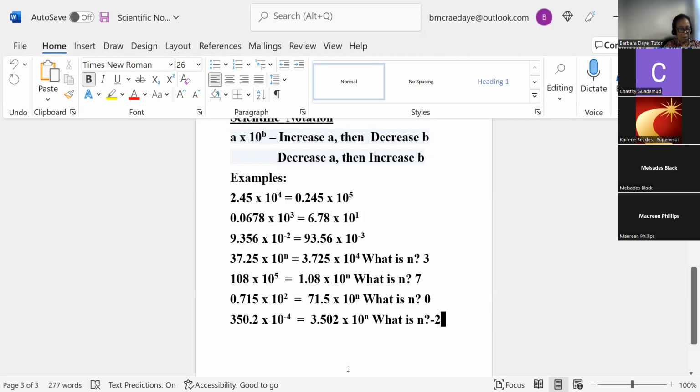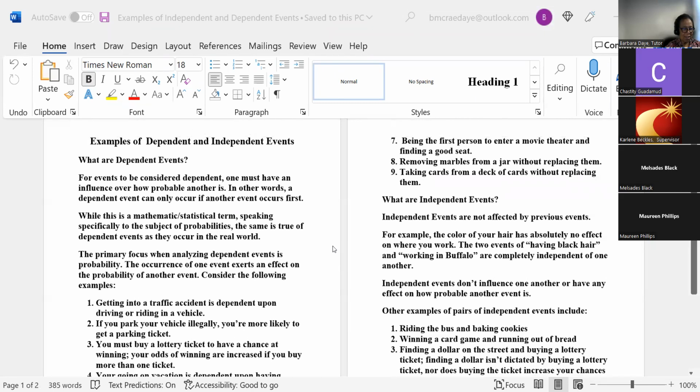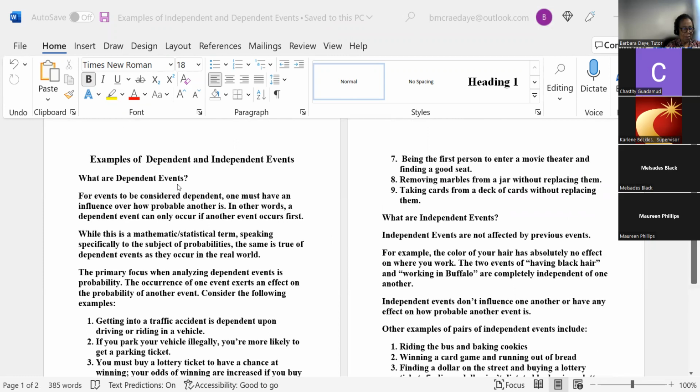Okay. All right, now I want to look at some examples of independent and dependent. I don't know if you can see that. New share. Can you see examples of dependent and independent events? My screen is so small. I'm sorry, I'm going to make it bigger.